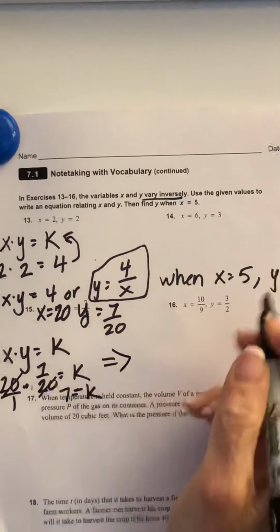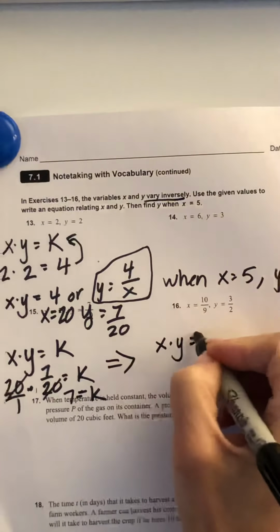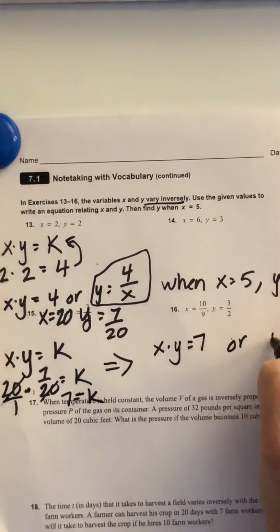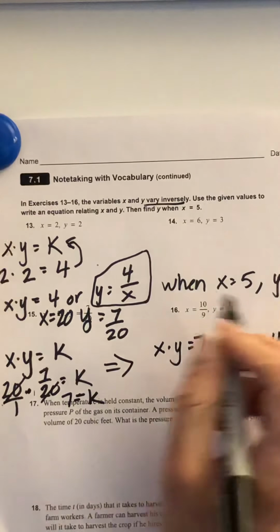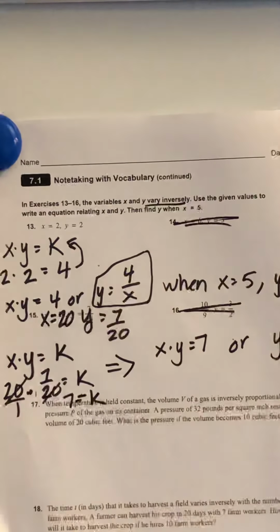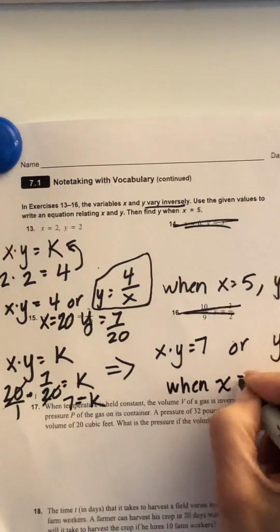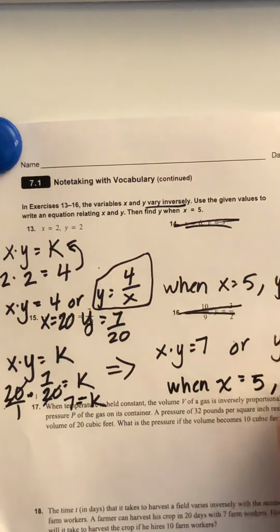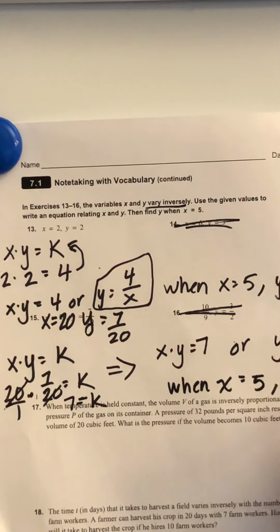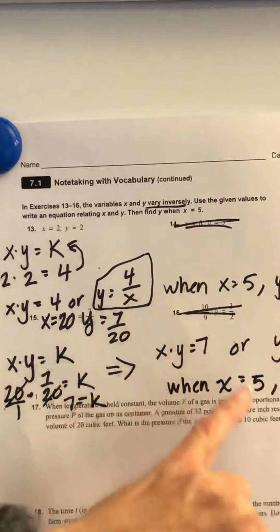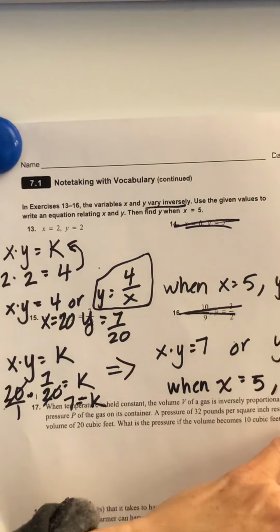So my equation becomes x times y equals 7, or y equals 7 over x. Now to solve the second half, find y when x is 5. So when x equals 5, y equals 7/5. You can see here, as one is getting bigger, the other is getting smaller.